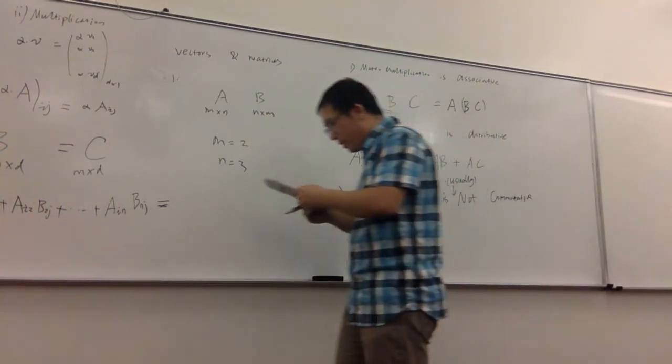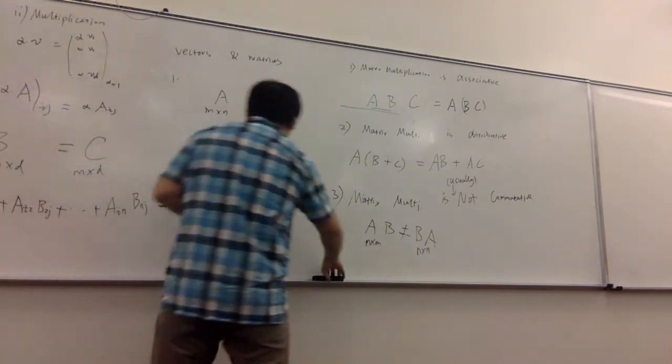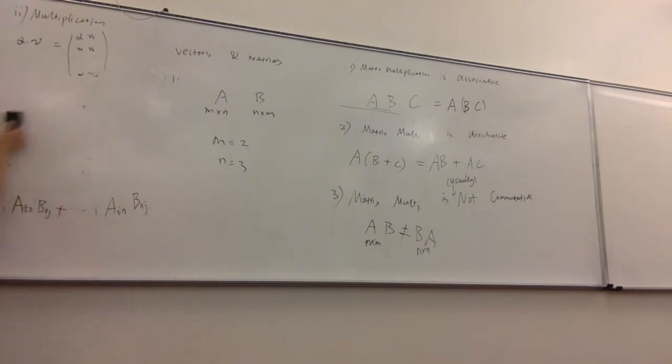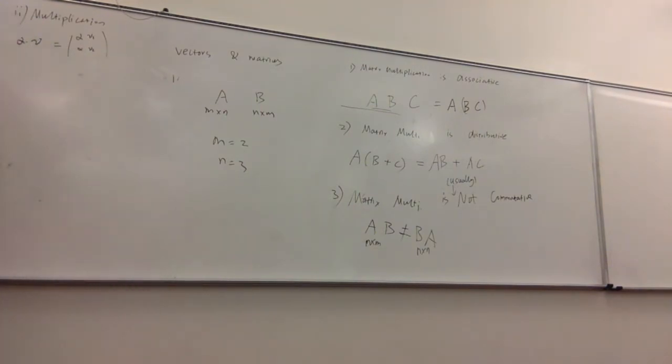So these are the basic definitions of multiplication. And actually, we can also define the multiplication between vectors. They are essentially special instances of matrix multiplication. So we may talk about two types of products or multiplications between vectors.